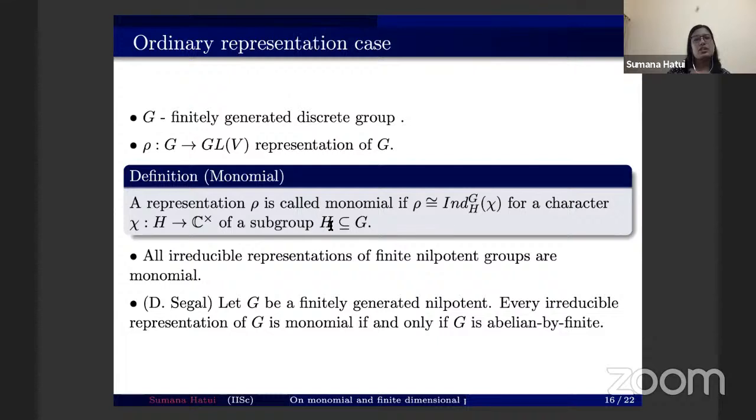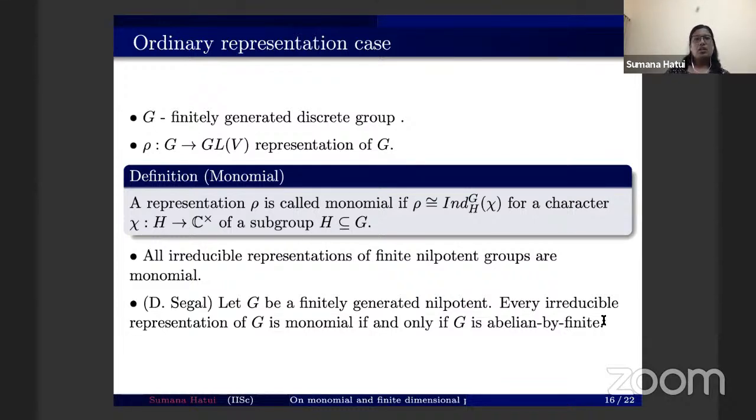This is the monomial definition. We can see that all irreducible representations of finite nilpotent groups are monomial. Then Dan Segal gave a characterization of finitely generated nilpotent monomial representations. If G is a finitely generated nilpotent group, then every irreducible ordinary representation of G is monomial if and only if G is abelian by finite.